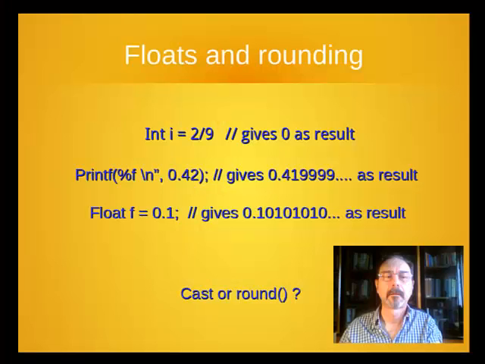Hi, this is CS50. If you are watching this video, odds are that you got involved in some trigger results that come from a wrong representation of a numeric value on your computer. You wanted to print the result of 2 ninths and ended up with a result of 0, or exchange $0.42 into cents and got 41.99 cents as a result.